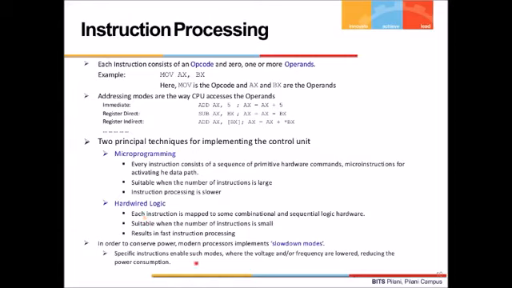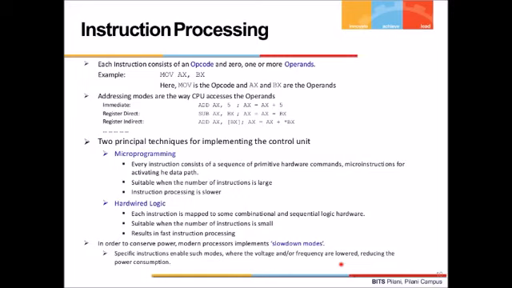There is one more thing I mentioned here. Nowadays, majority of the processors, or I would say all of the processors, are using a mode called slowdown mode. It is to conserve power, because power is the biggest problem nowadays. There are specific instructions which enable such modes. In such a mode, the voltage and or frequency of the processor are lowered, reducing the power consumption, because when you increase the voltage or the frequency, the power consumption increases.